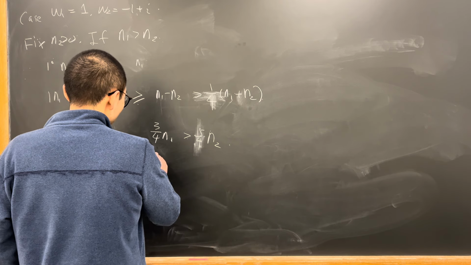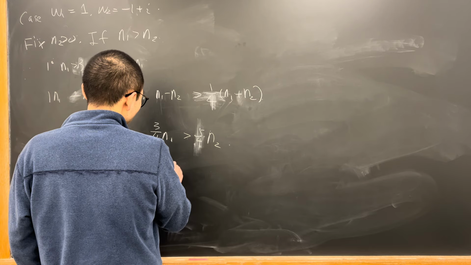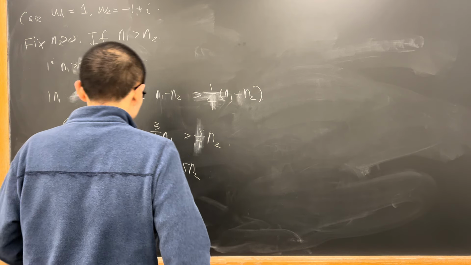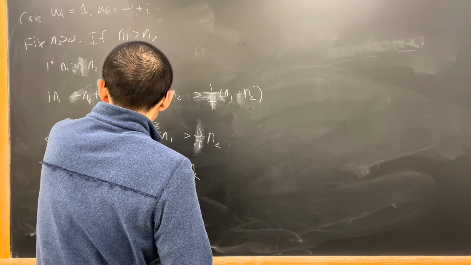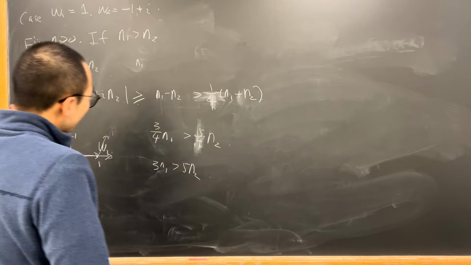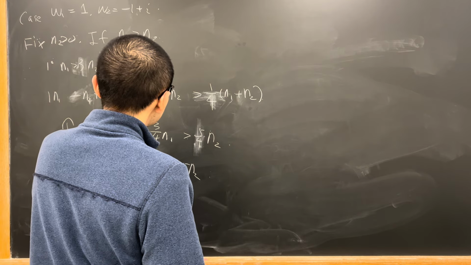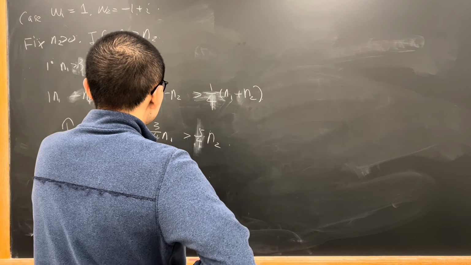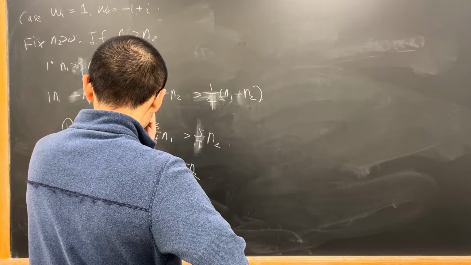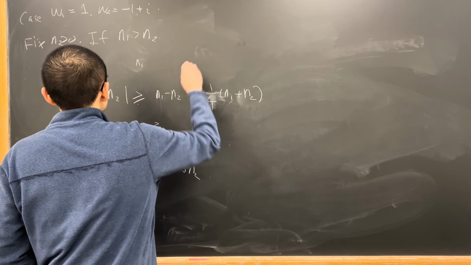So you have 3 and 1 is bigger than 5 and 2, right? Definitely true, because here is 9 and 2, and this is 5 and 2. So yeah.